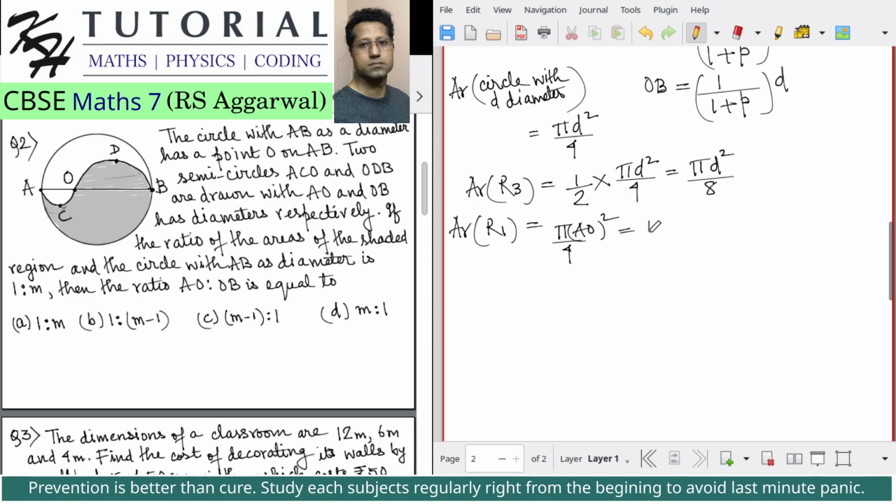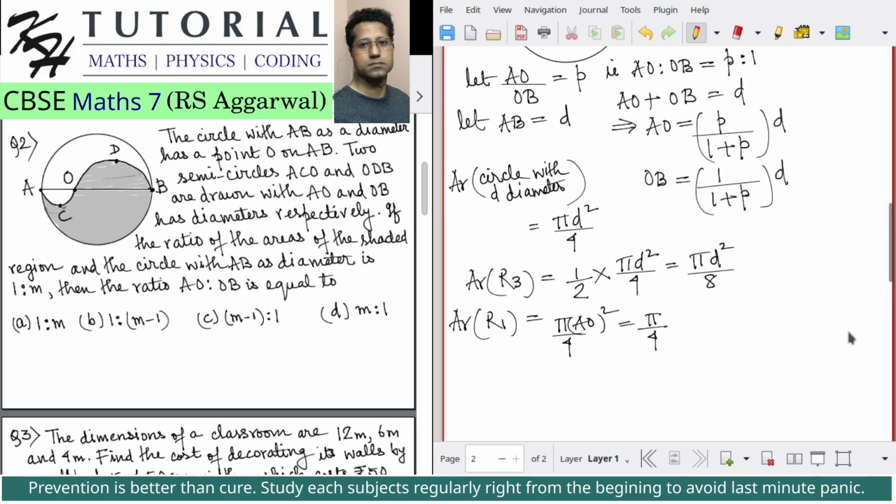So what is AO? AO is P by 1 plus P into D, squared. So this is equal to pi P square D square divided by 4 times 1 plus P whole square.